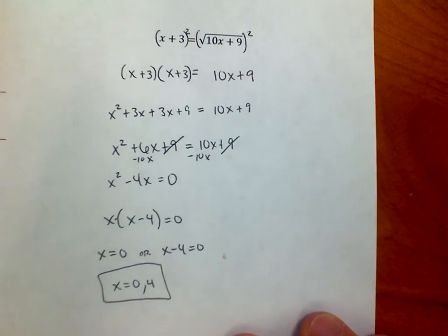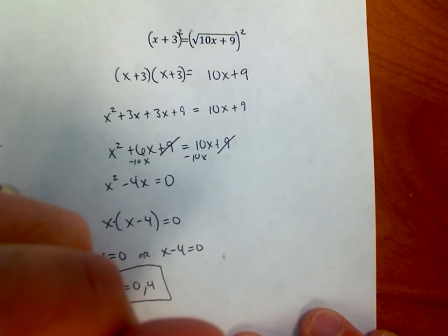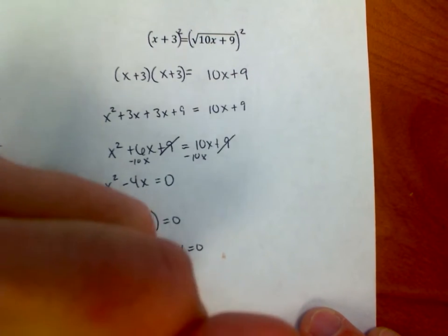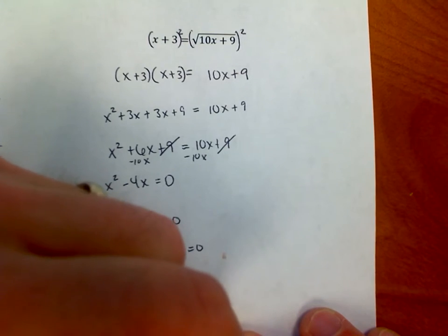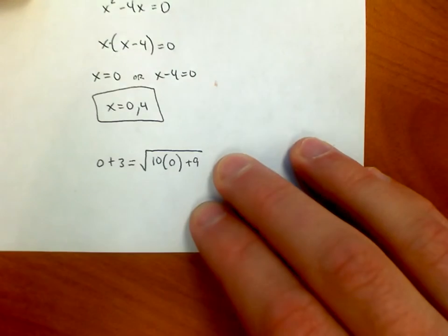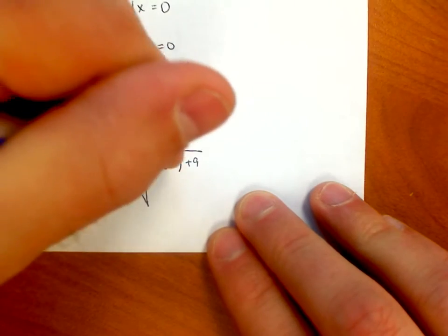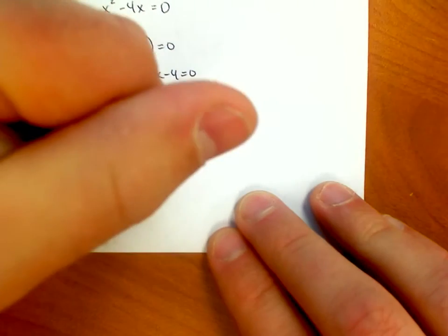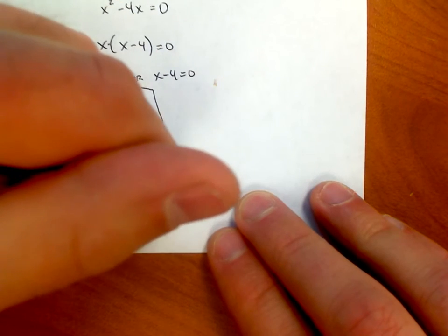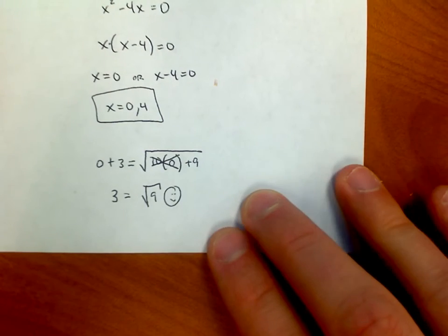Okay, so here I'm going to go up here. If I put a 0 in, is 0 plus 3 really equal to the square root of 10 times 0 plus 9? I check that, and I get 3 on the left-hand side, and on the right-hand side there is no 10x, it's just the square root of 9. Is 3 the square root of 9? Yes, indeed it is, so that one works out.